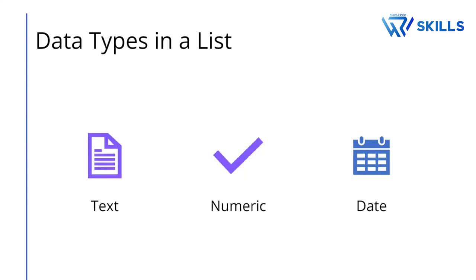That means whatever attributes you create in a list, suppose you want to store the first name of a customer, first name is an attribute. Last name of a customer, last name is an attribute. So whatever attribute you create in a list will have only 3 data types: text, numeric, and date. That is why list is a simple data model.